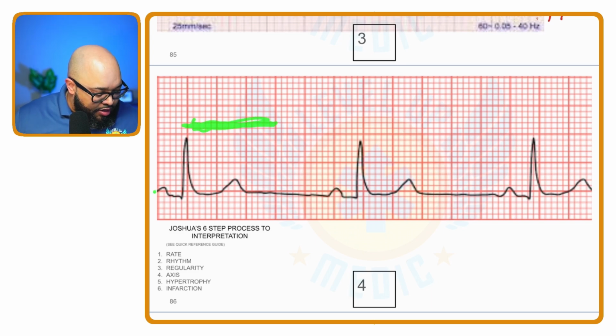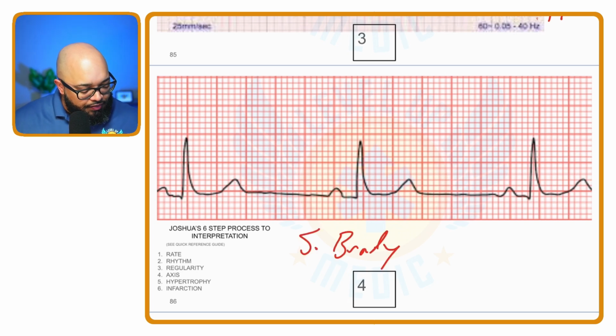Let's see. The QT interval, we'd say that's about half the distance. So everything there is okay, but the rate is slow. Okay? This is actually going to be sinus bradycardia.